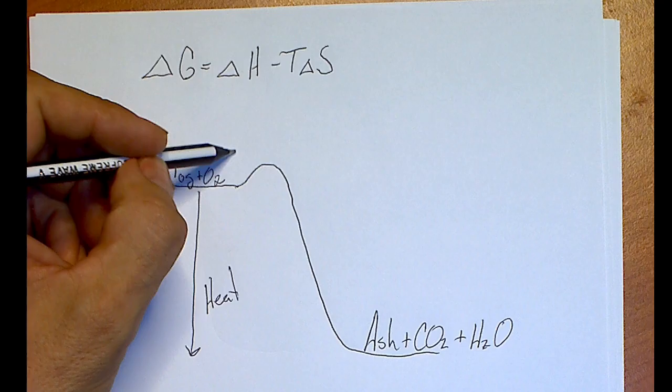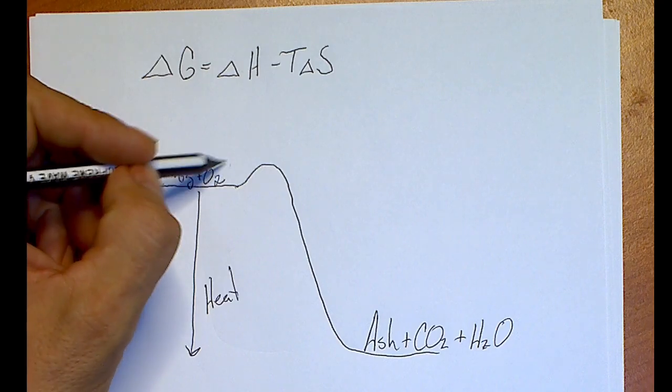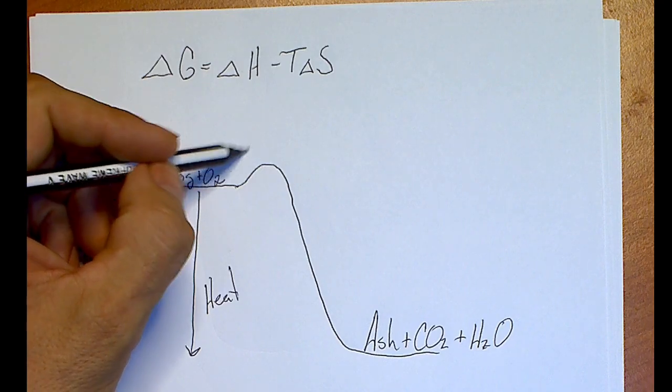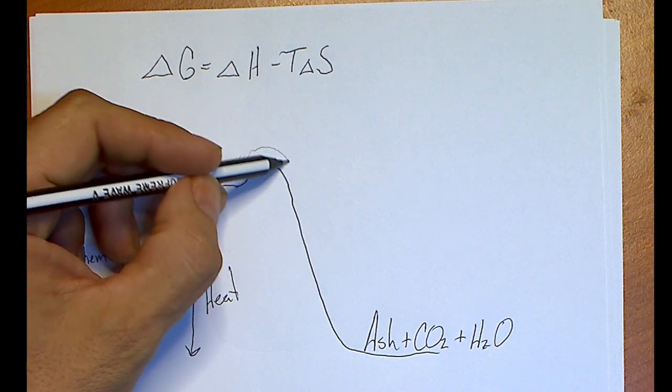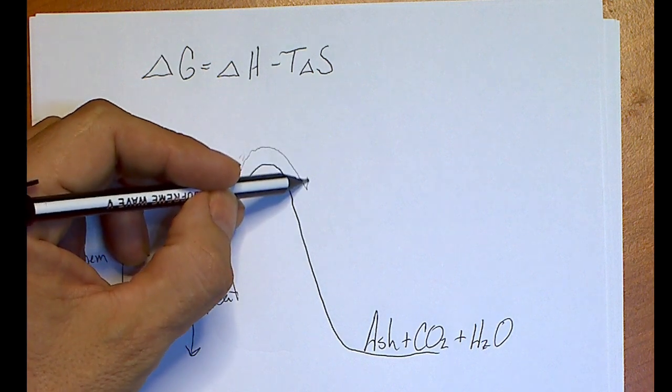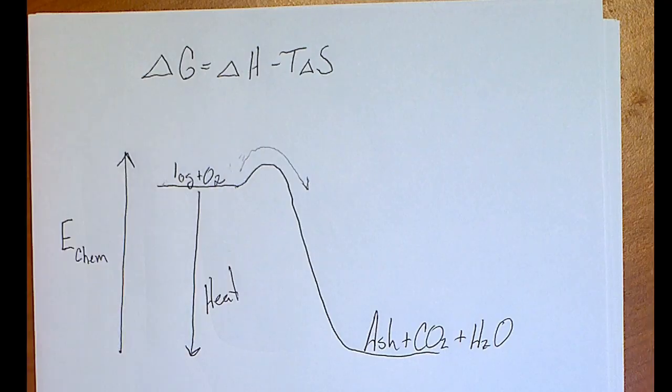If I had a big rock at the top of the mountain and I pushed it, I have to give it a little push over. After I push it over, it is going to fall to the bottom. And when it falls to the bottom, it's going to release a lot of energy, as you can imagine a rock falling off a mountain being quite destructive.